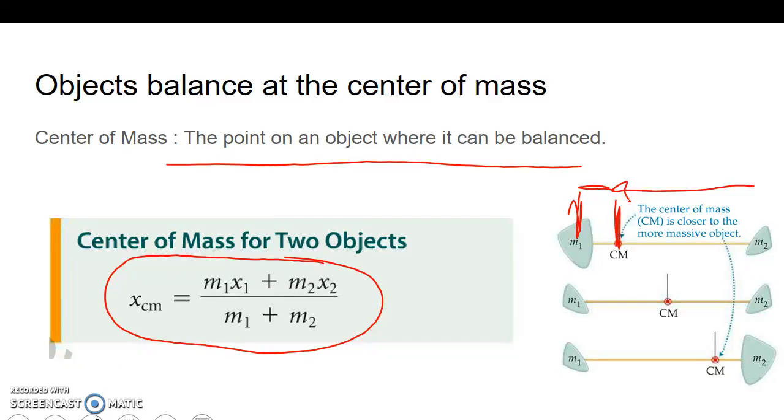In these situations, usually the center of mass is located closer to the more massive objects.